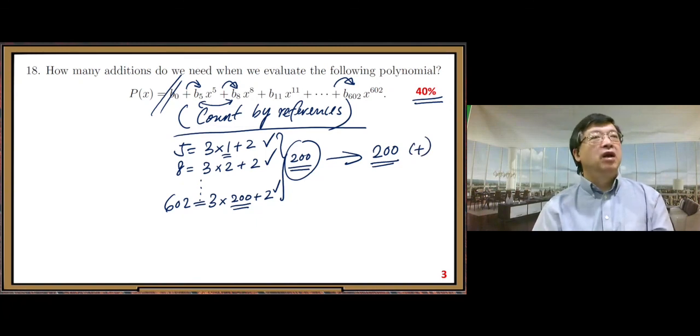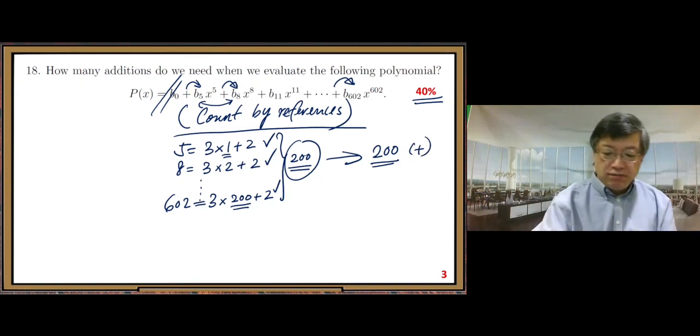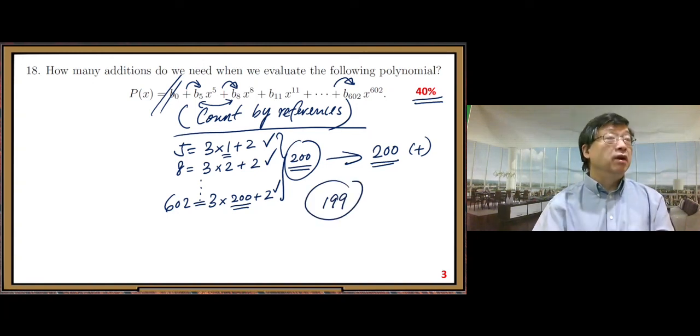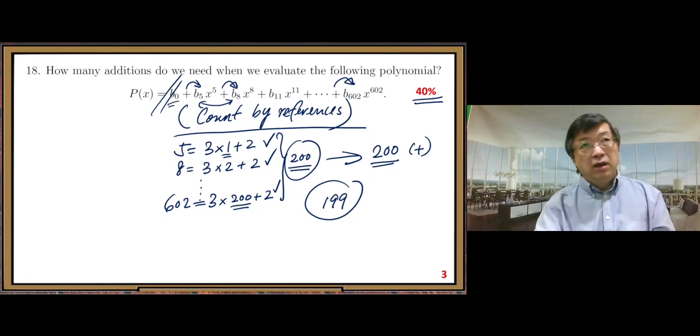200. But so many students give me 199. The reason is simple, because they subtract 1 from B0, but why do subtraction there?